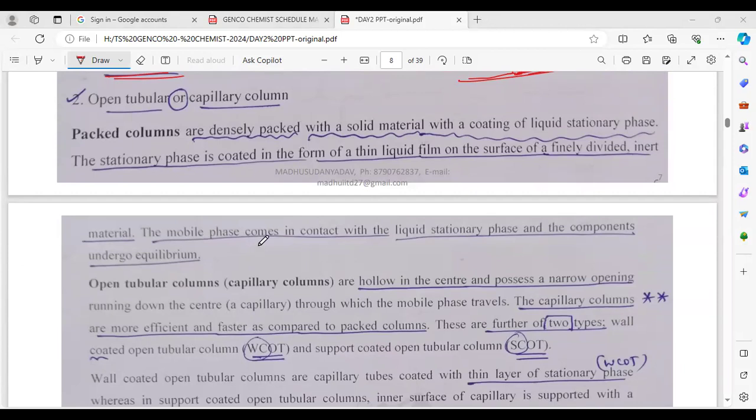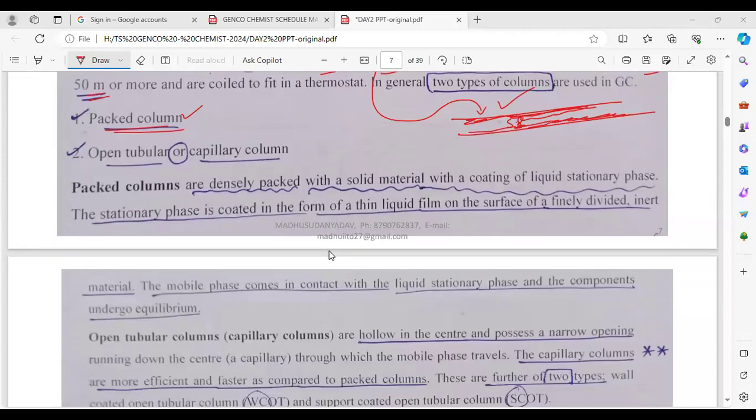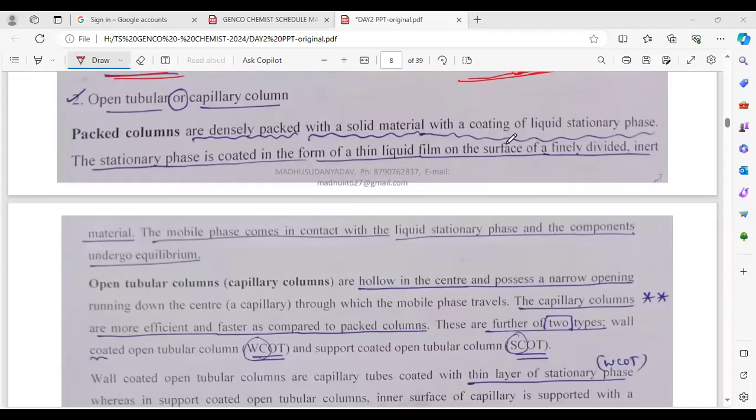Okay, I'll proceed. So packed columns, they are densely packed. The name itself gives you some idea. Packed means whatever material you are using, silica or Teflon, it is tightly packed in the hollow shape of the column. The coating must be very densely packed. For that, what kind of phase are you using?